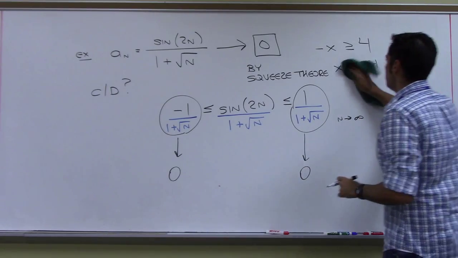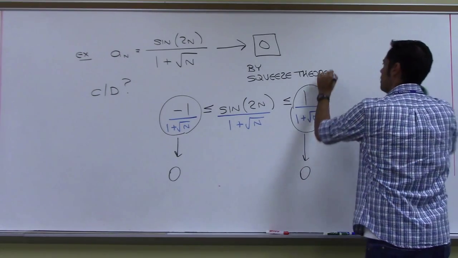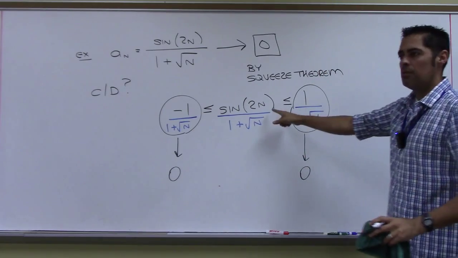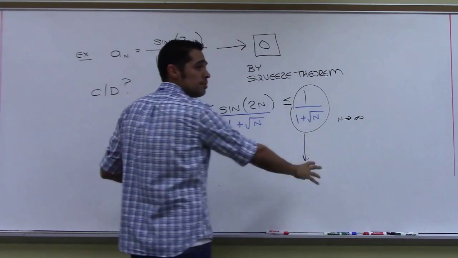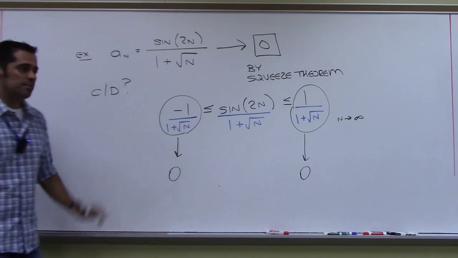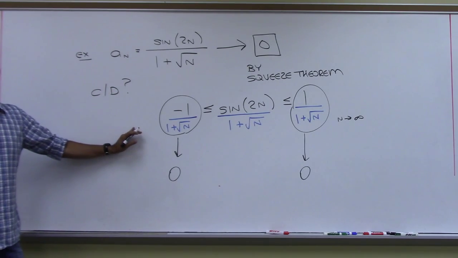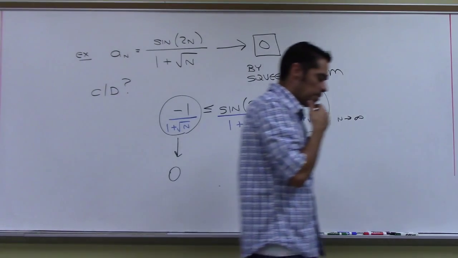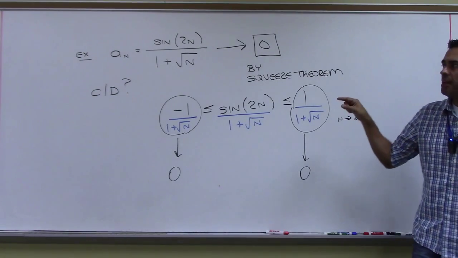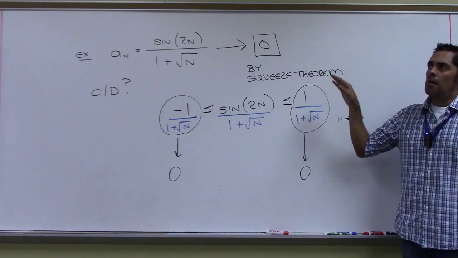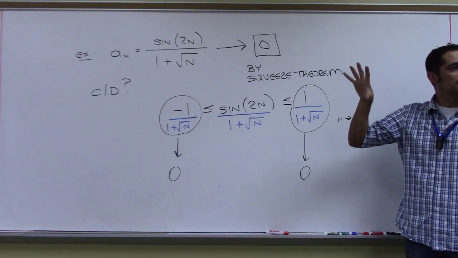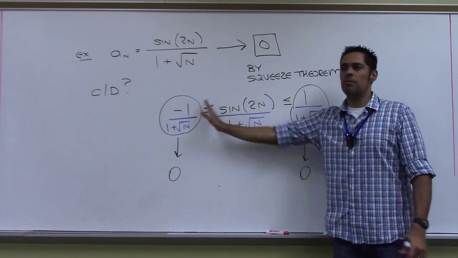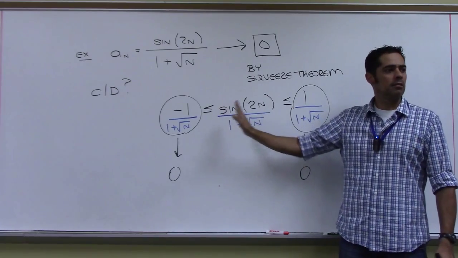You are always free to use the squeeze theorem on any sequence. You just have to make sure that you can get control over these two sides, which can be challenging sometimes. This one was pretty simple. What about this? Because I didn't mention it when I was working out the problem. In the squeeze theorem, didn't I say that there was a capital N, that eventually this inequality was true, right?